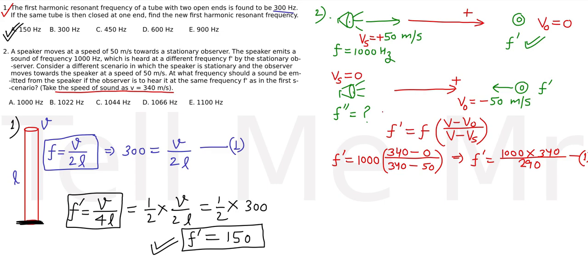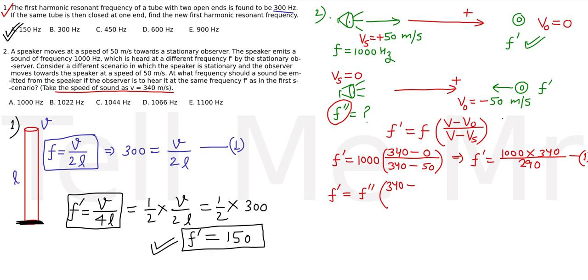Now let's consider the second situation. In the second situation, the apparent frequency still has to be f prime as in the first situation, as said in the question, and this will be the actual frequency f, and we have to find that. We have assumed that frequency is f double prime, so now the actual frequency is f double prime. V is still 340, minus Vo.